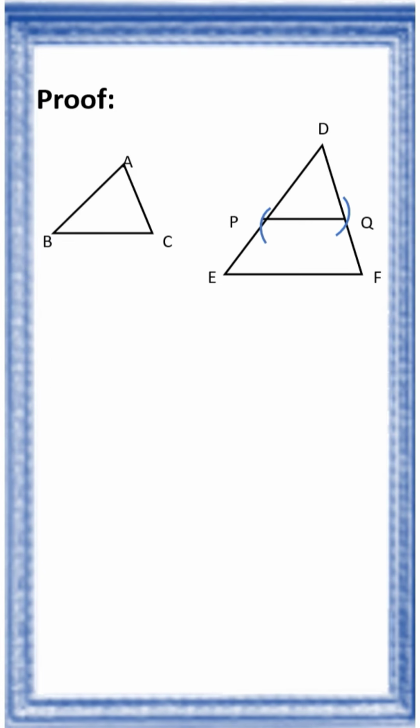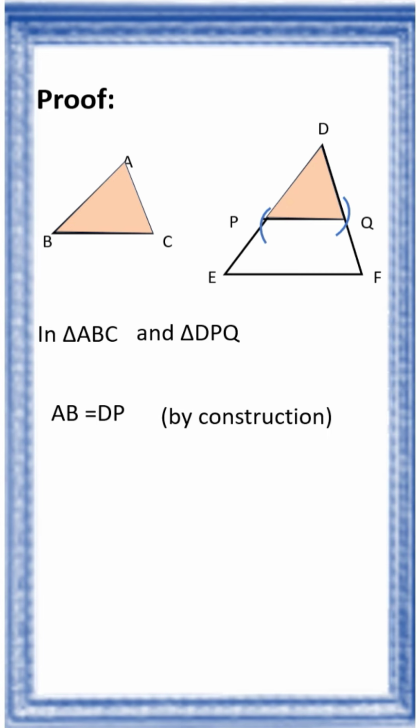Now name the points as P, Q. Now let us prove that in triangle ABC and triangle DPQ, first, these two triangles are congruent. AB is equal to DP. Why? By construction. AC is equal to DQ, by construction. Angle A is equal to angle D. Why? It has been already given.